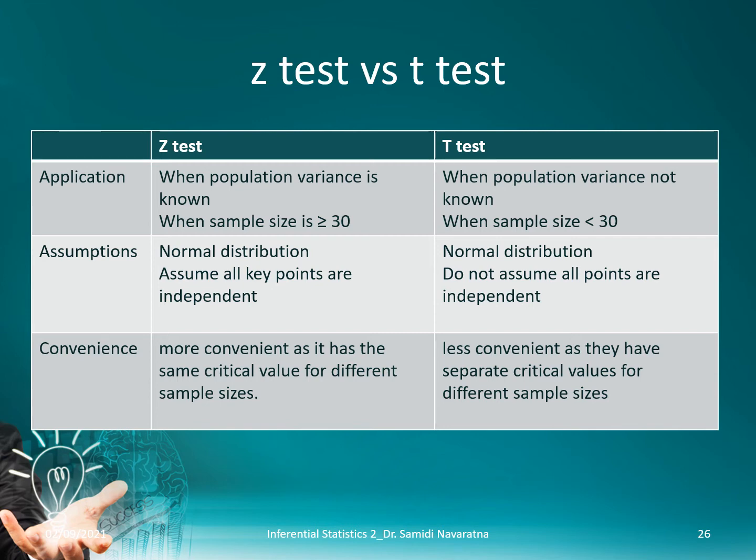That is why I said at the beginning of the lecture that you can even memorize certain critical values corresponding to commonly used alpha levels. However, the t-test is less convenient in that regard, as separate critical values exist for different sample sizes.